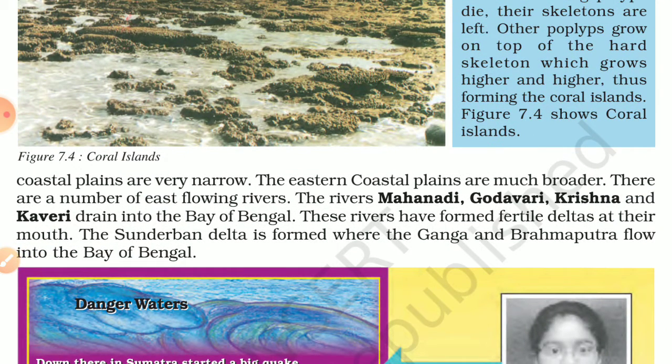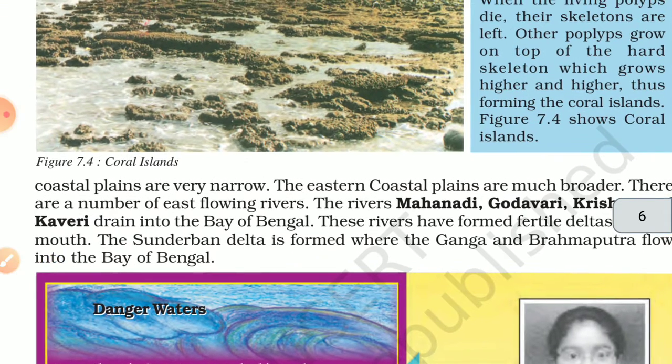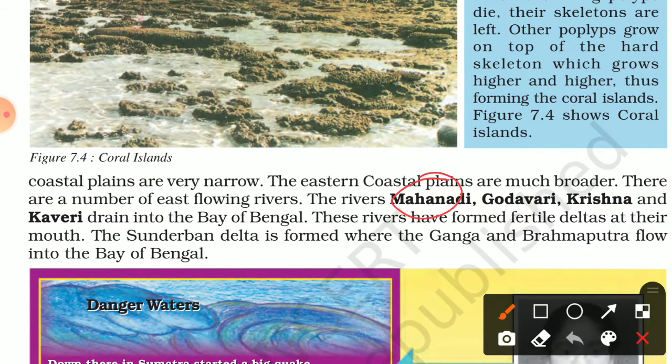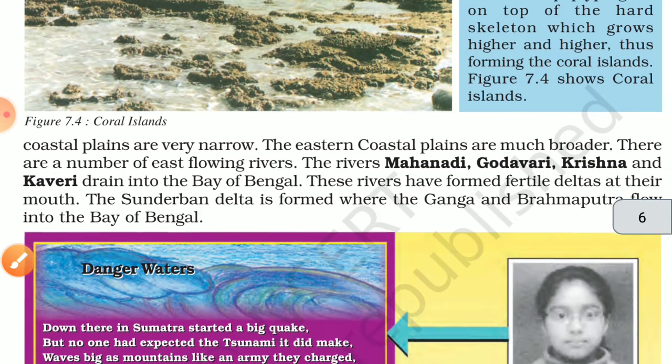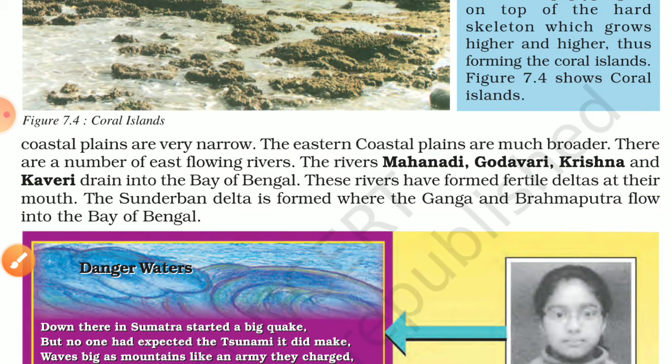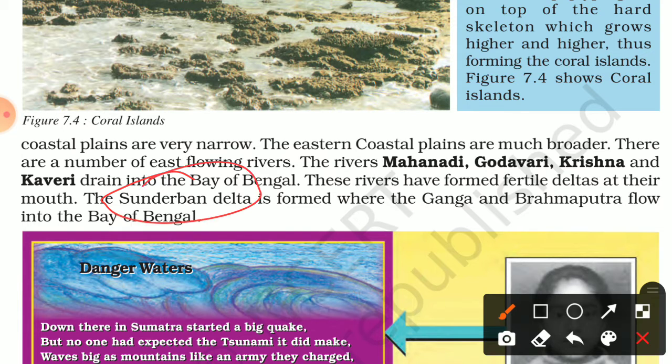There are a number of east-flowing rivers: the Mahanadi, Godavari, Krishna, and Kaveri. These rivers flow from the Western and Eastern Ghats into the Bay of Bengal and have formed fertile deltas at their mouths, like the Sundarban Delta in West Bengal.